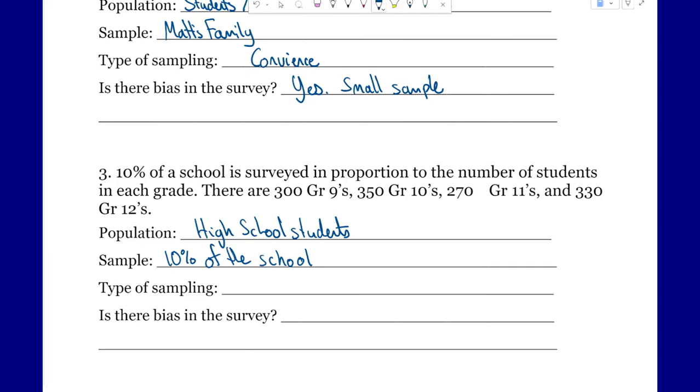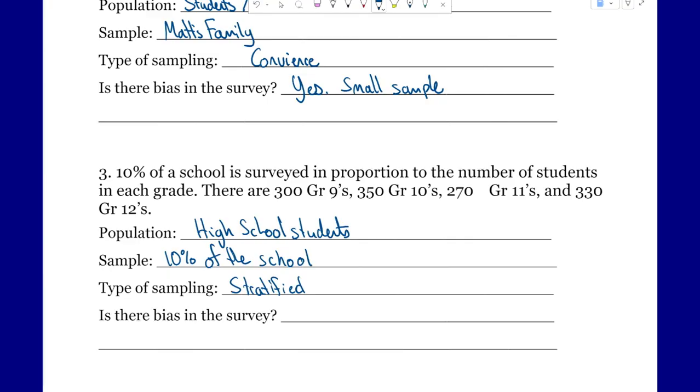The type of sampling, because we're breaking our population up into groups and then taking a proportion from each group, this would be stratified. Stratified is breaking up into groups and choosing some from each group, or a proportion from each group.